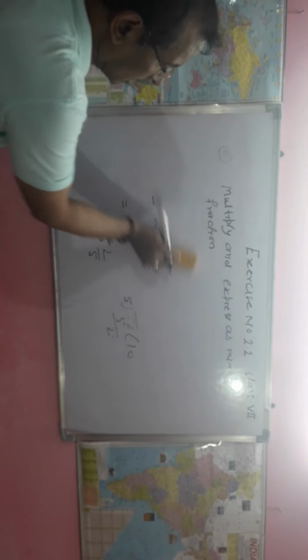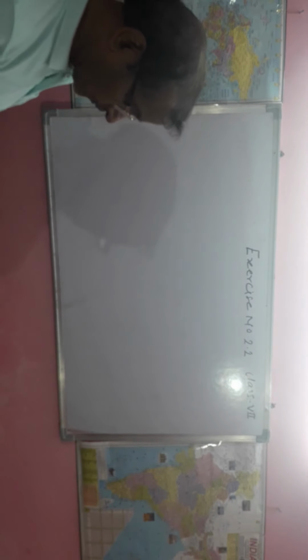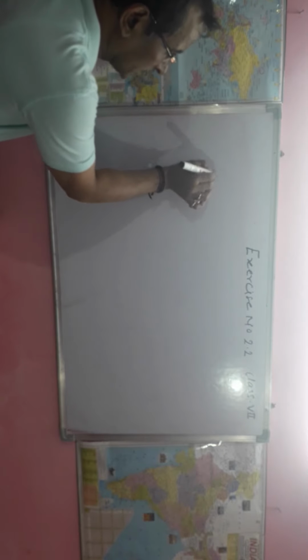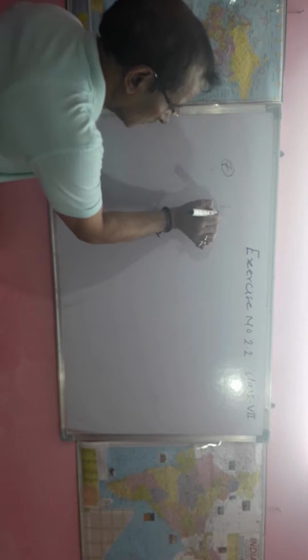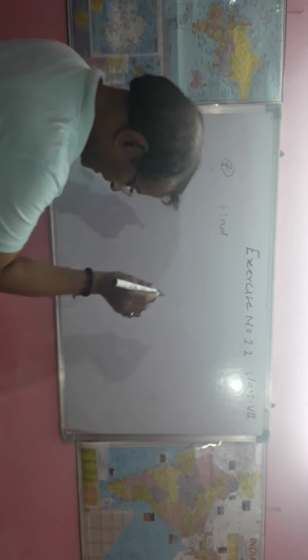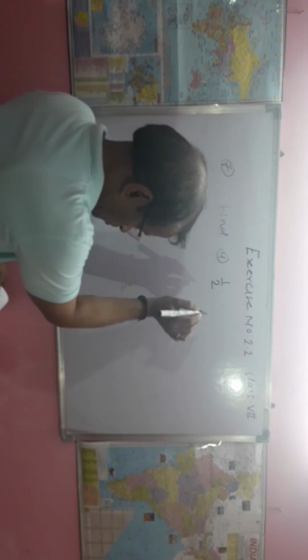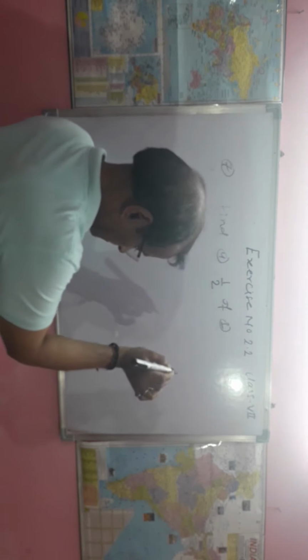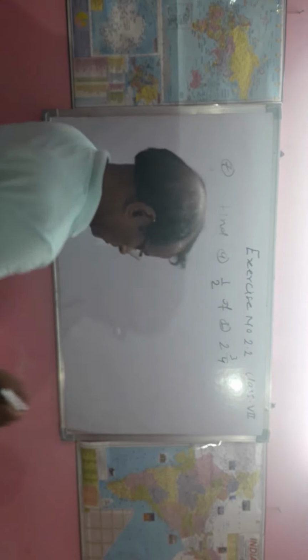And now we will come to question number 7. Question number 7 is find 1 upon 2 of 2 whole 3 upon 4. A part: 1 upon 2 of the first part, which is 2 whole 3 upon 4.